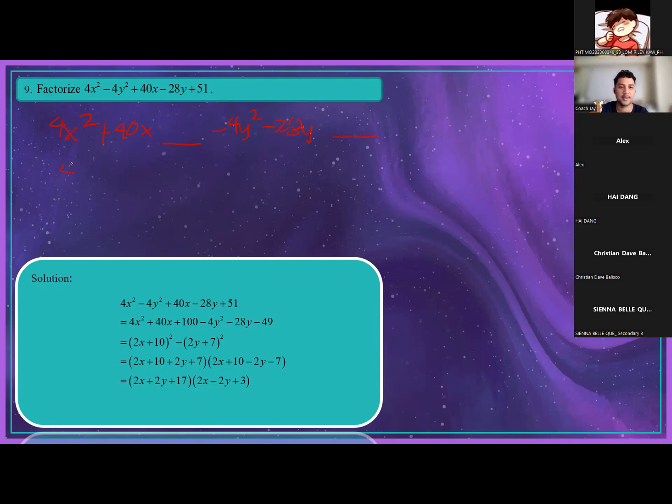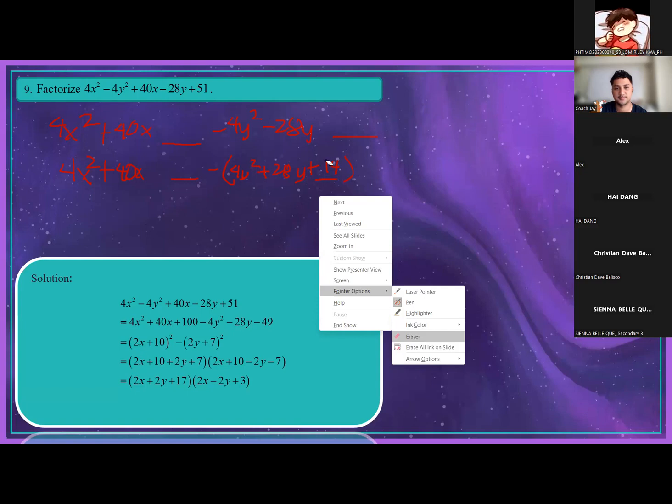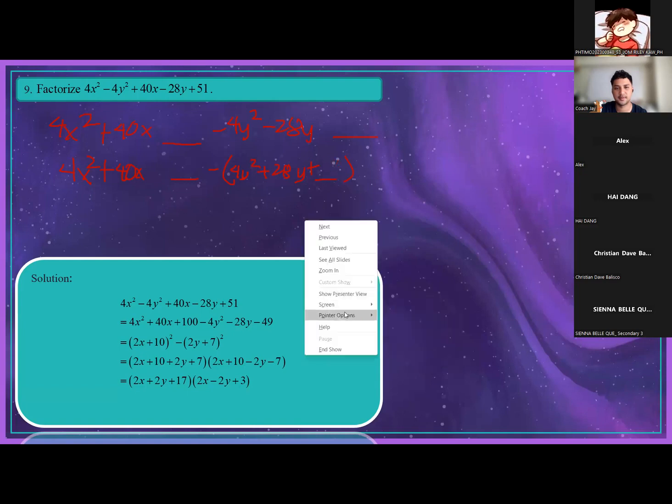So from that, you have 4x squared plus 40x and blank, minus 4y squared minus 28y, plus blank. Now we complete the square. Here we have 14, and the remaining would be... oh, sorry, that's not 14.